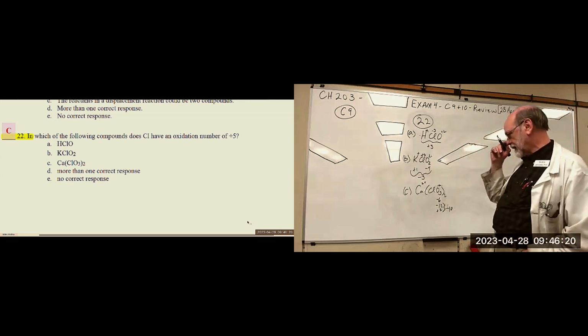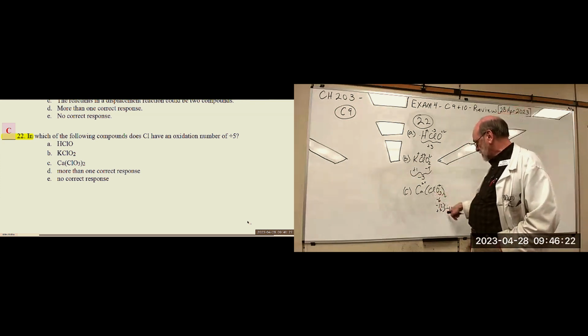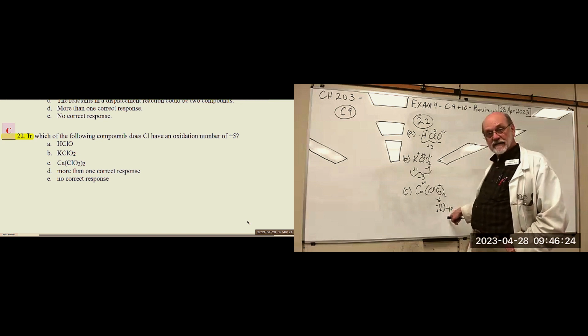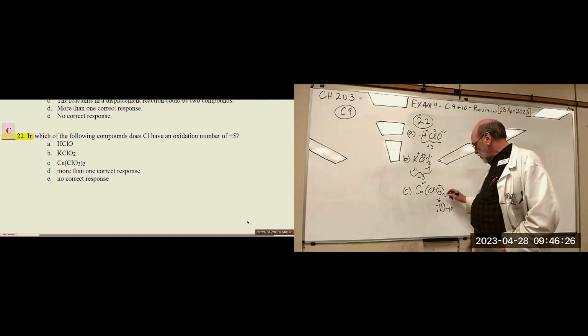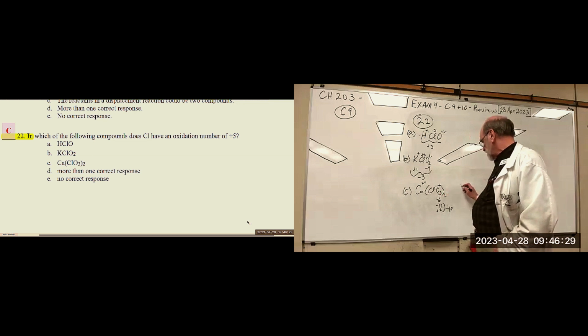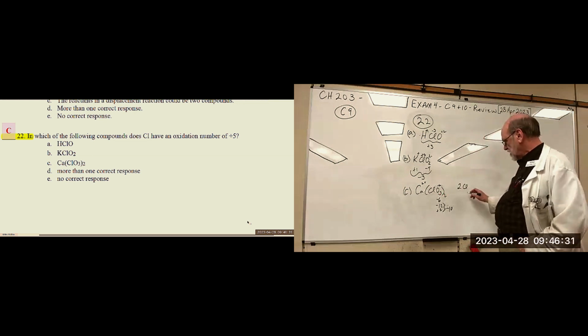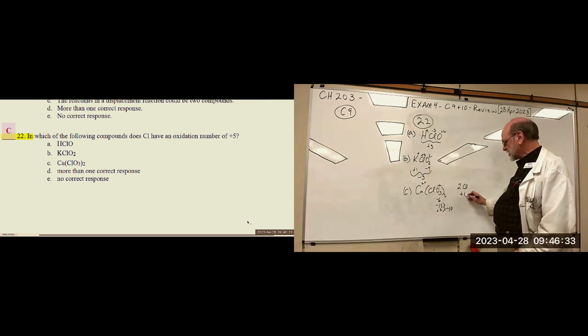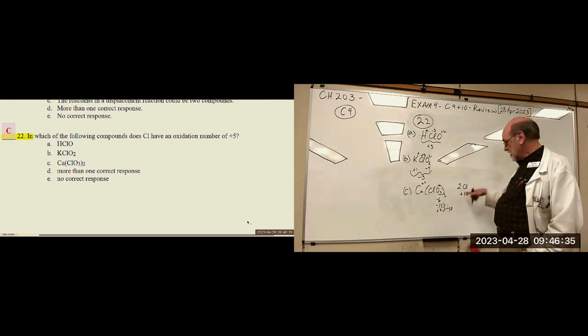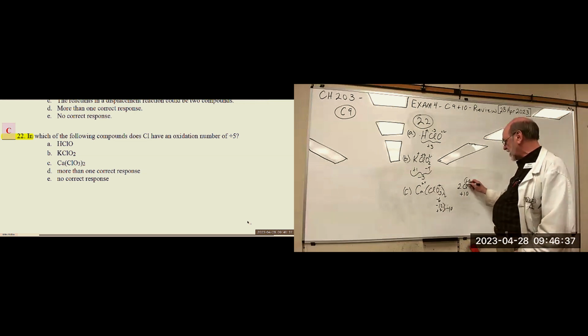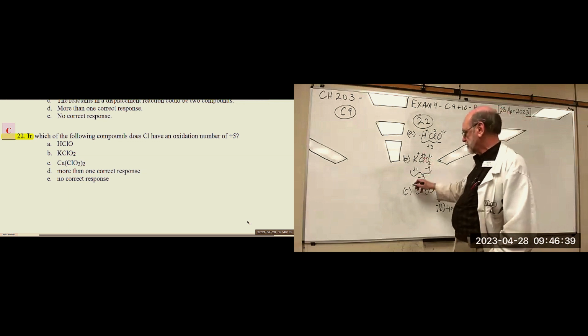There we go. Now that chlorine has to balance this -10. So you've got 2 chlorines here, and the 2 chlorines have to be a plus 10 to balance that. So each one of these has to be a plus 5. There's your answer right there.